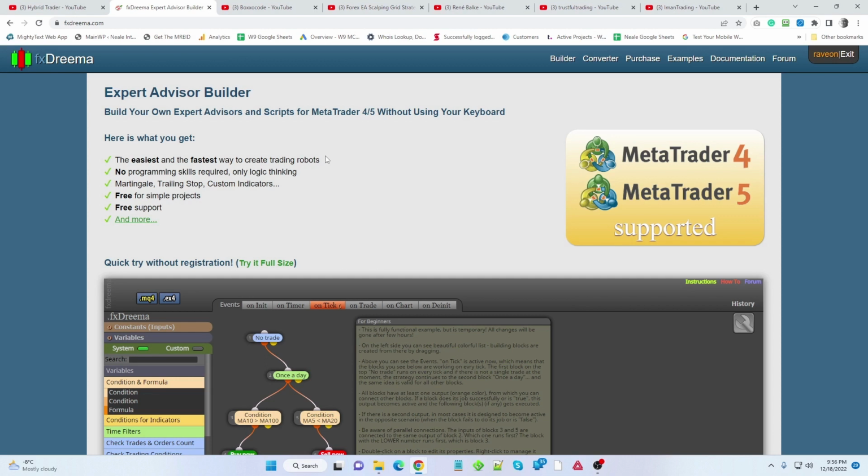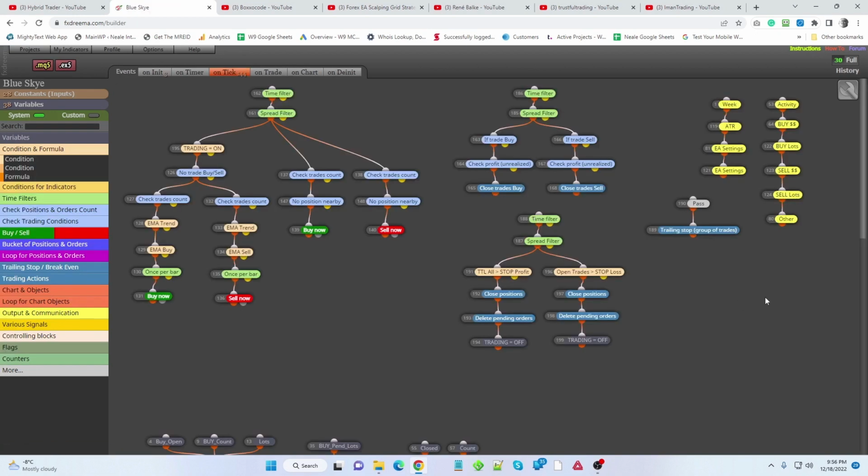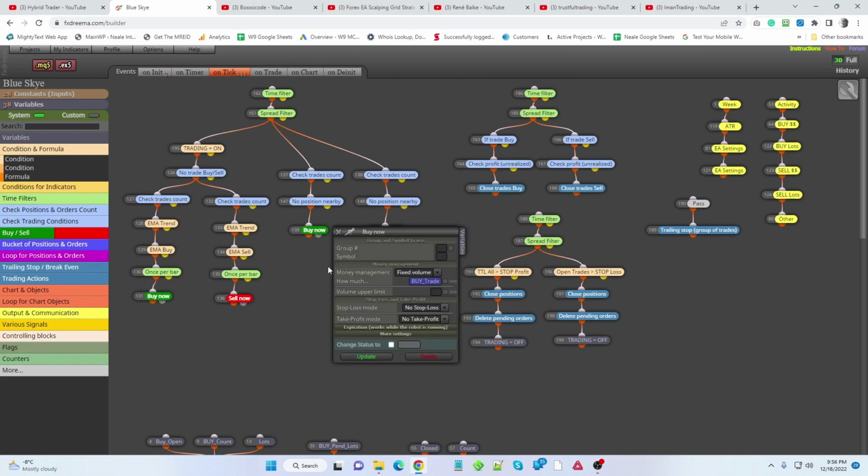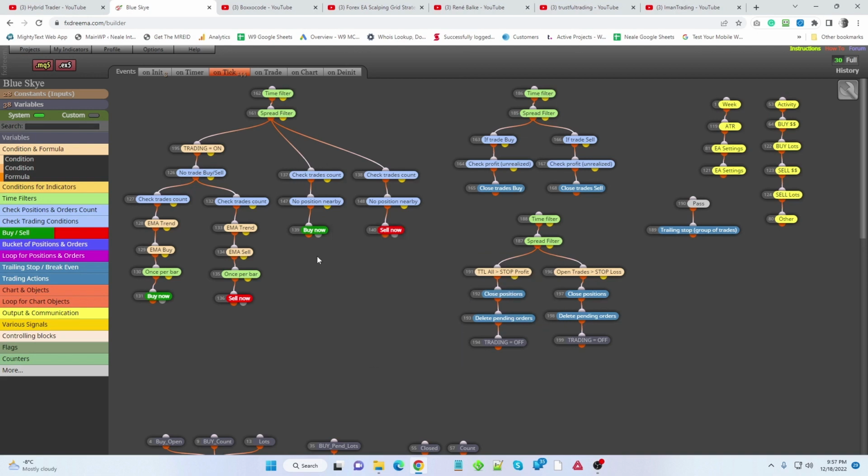So to give you an idea, the EA we're looking at today, this is the view of the code that I see. It's a visual representation. The code is all behind the scenes, and if you want to add a particular function like buy now, really you're just filling in how much, whether you want a stop loss or take profit, if you're going to use a group, a specific symbol, whatever. But the actual code is invisible to you.